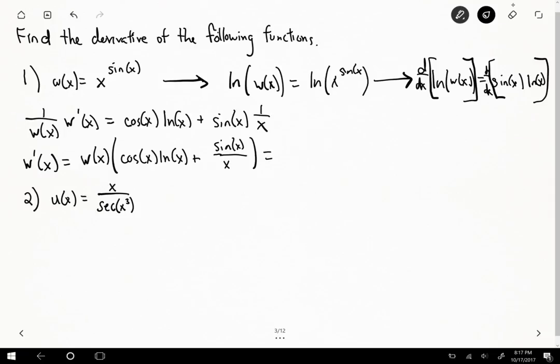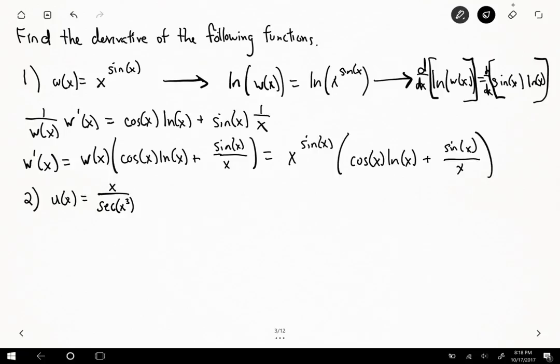Okay, where do we go from here? Well, what is w of x? Well, w of x, if you look in the beginning, it's x raised to the sine of x. Okay, so x raised to the sine of x, so you have cosine x times the natural log of x plus sine of x, all divided by x. Whew. All done now.